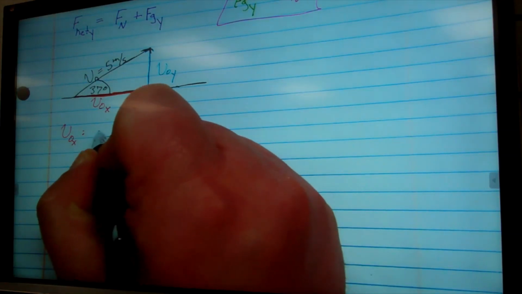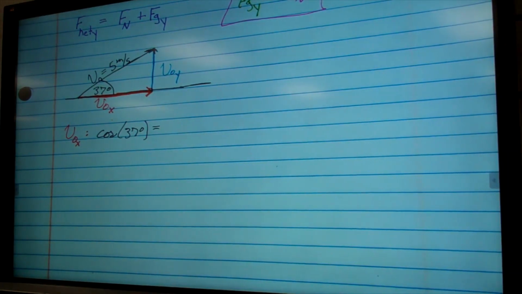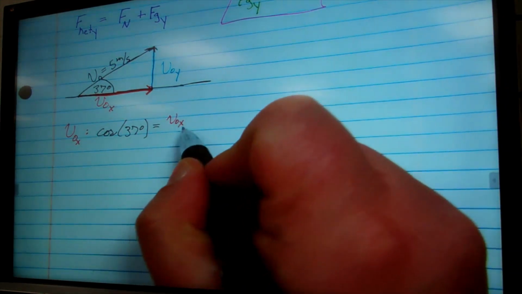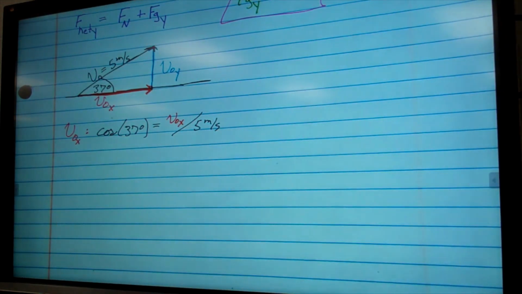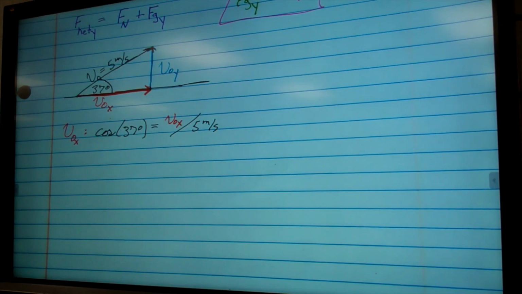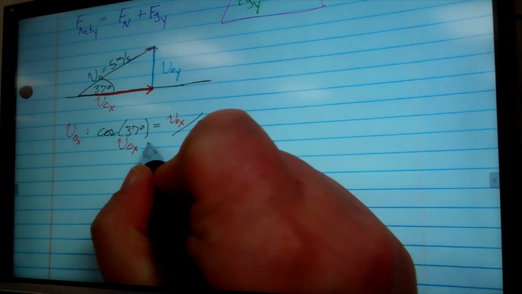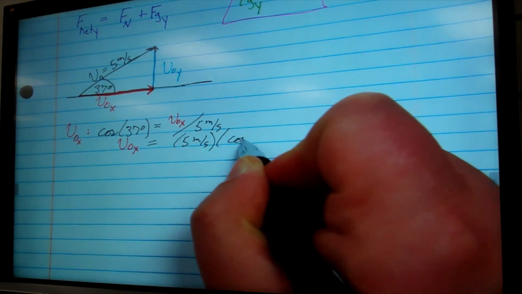So we have the cosine of 37 degrees equal to the adjacent, which is the initial velocity in the x direction, over the hypotenuse, which we know is 5 meters per second. So we can readjust this to get the initial velocity in the x direction equal to 5 meters per second times the cosine of 37 degrees.